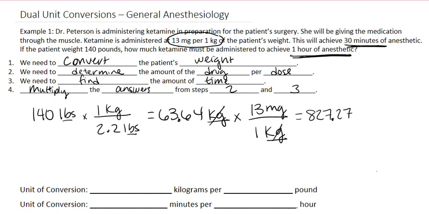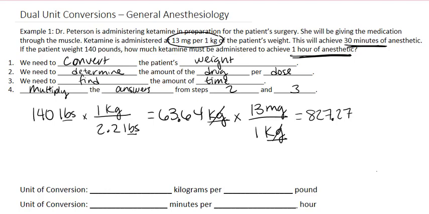This means 1 hour of anesthetic is equal to 60 minutes per 1 hour. And technically we divide 60 minutes by 30 in order to get the number of times we will need to administer.